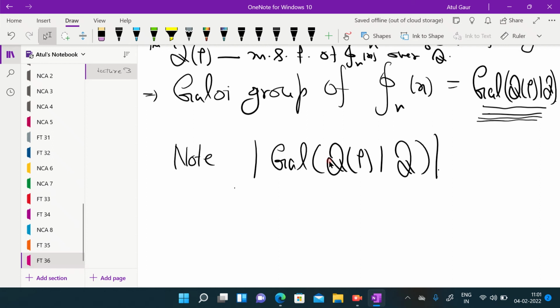If E over K is a Galois extension, G is the Galois group, what is the field corresponding to G? There is a one-to-one correspondence that we have established between subgroups of the Galois group and subfields of the Galois extension. So if we take the subgroup to be the whole of G, then what is the field corresponding to G?